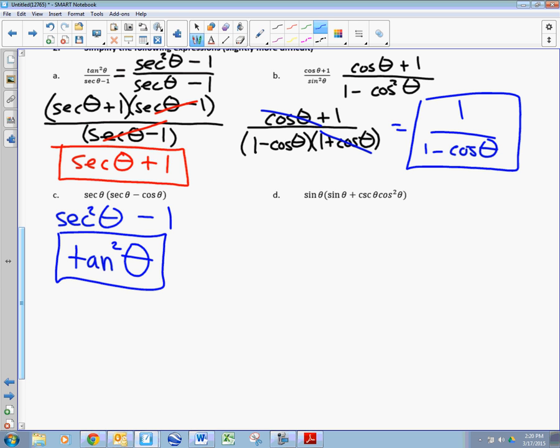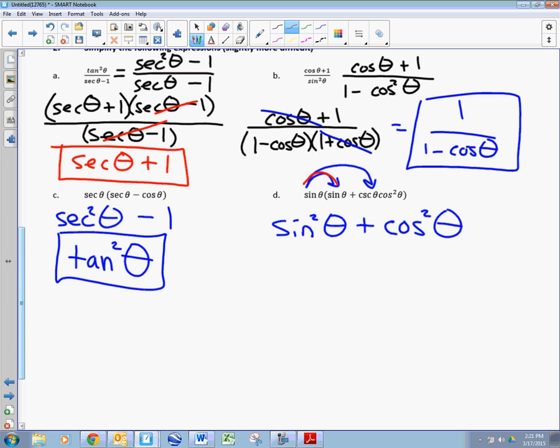Now I'm going to multiply through by sine. What's sine times sine? And then I have sine times cosecant, which is 1. So you get 1 cosine squared. No, multiplication you distribute over addition.